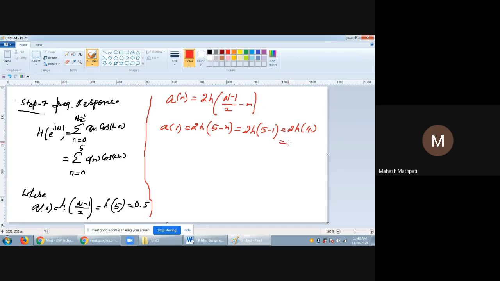So what is the answer for this? We know the value of h of 4 also.